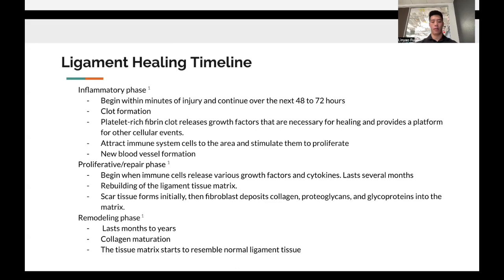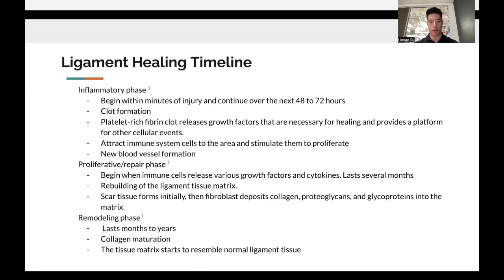On the tissue side, initially the repair tissue will be scar tissue, and then the fibroblasts will deposit collagen and slowly turn it into normal ligament tissue. And then the third phase we have is the remodeling phase, which can last months or years.